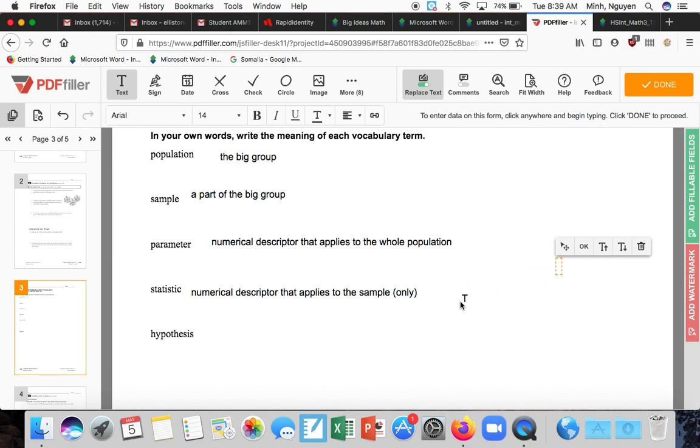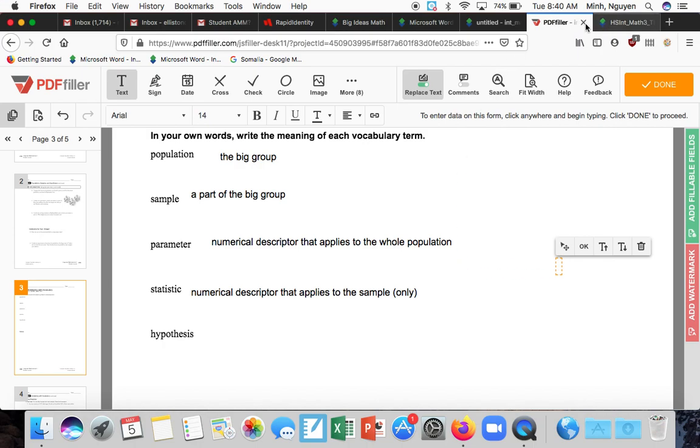If I wanted to give a statistic, I could say 100% of the people in group 1 in Math 3 have a favorite color of white. Those are two different numbers: everyone in group 1 likes white, versus a quarter of the whole Math 3 likes white. One applies to the whole group, and one applies to a small subset.